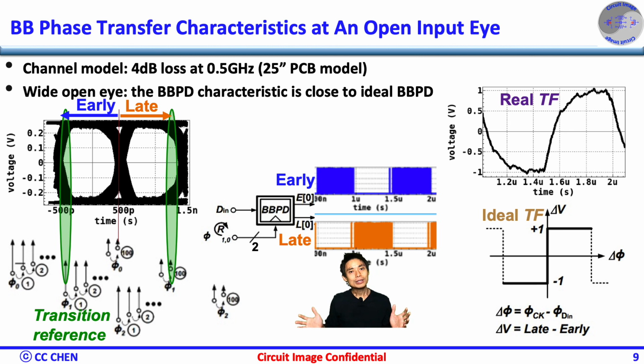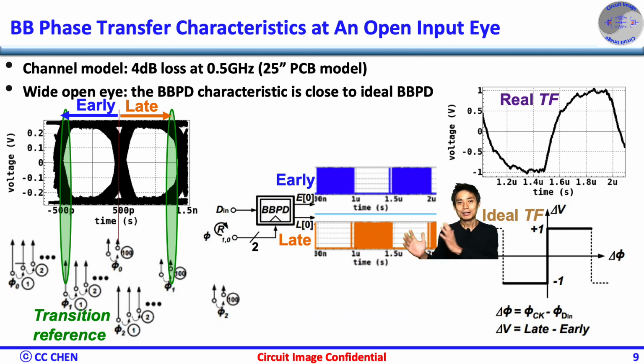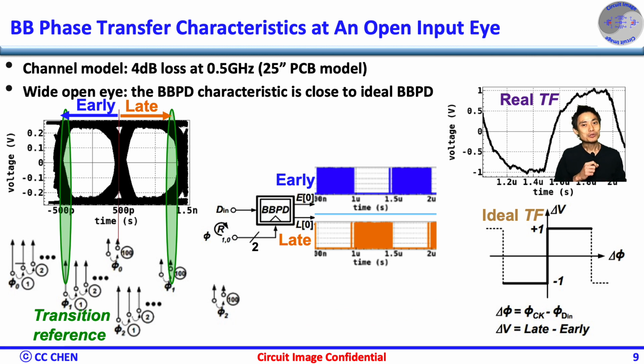Therefore, not only is the output early/late flag very clear, but the BBPD phase transfer is also very close to the ideal phase transfer, having an almost infinite PD gain around the 0 phase error and 0 in the early or late region. Okay, let's check what the phase transfer of a closed input eye looks like.